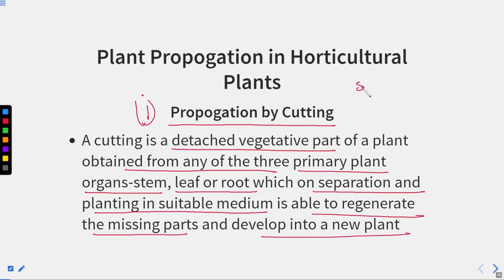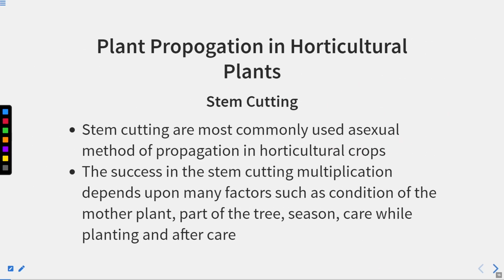So you can take stem, you can take leaf, you can take root. Any of these 3 parts can be used to propagate, right? And when this part is used, it is called a cutting, right? So the first one, we are taking stem cutting.